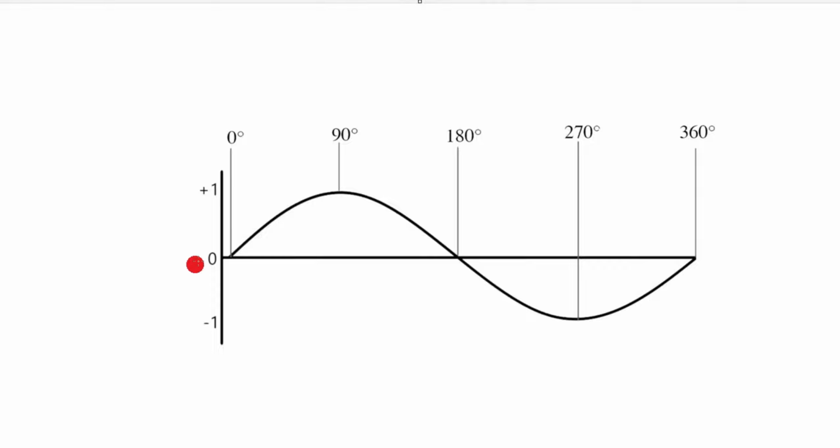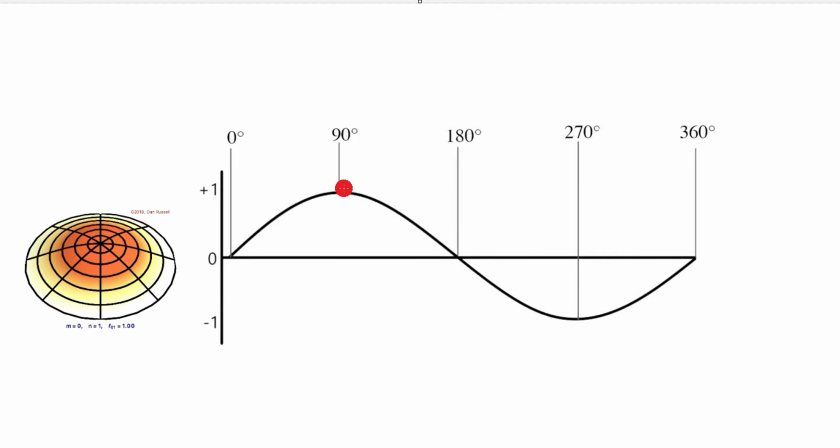And so when you think about the speaker moving in and out, this is positive voltage, right? It's pushing the speaker out, and the speaker is pushing those air molecules away from it, causing a high pressure wave.